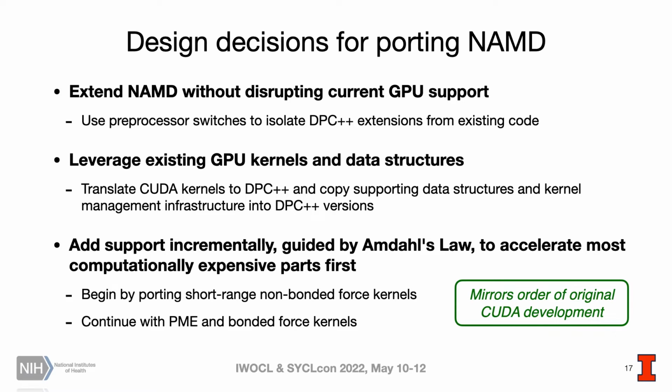The third was to add support incrementally, guided by Amdahl's law, to accelerate the most computationally expensive parts first. For this, we began by porting the short-range non-bonded force kernels and continuing with the PME and bonded force kernels. Doing this effectively mirrored the order of our original CUDA development.